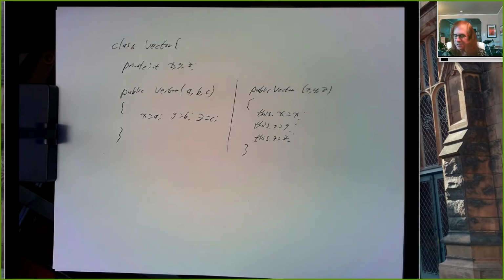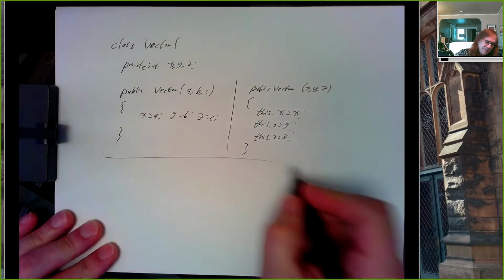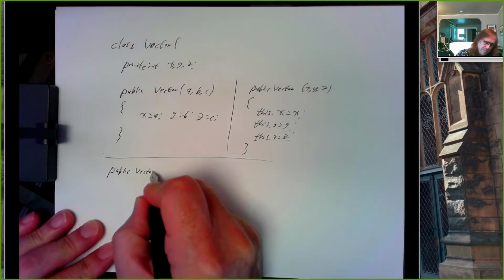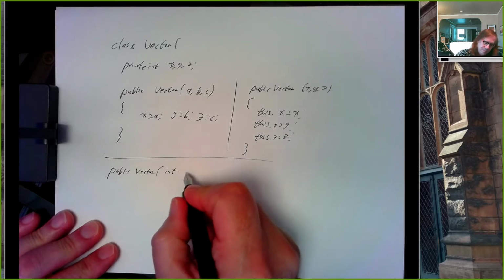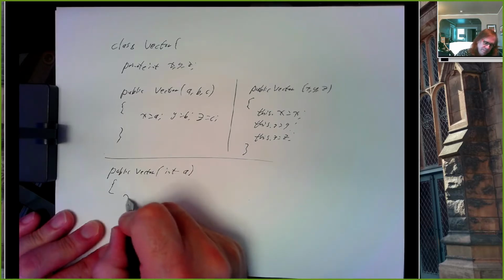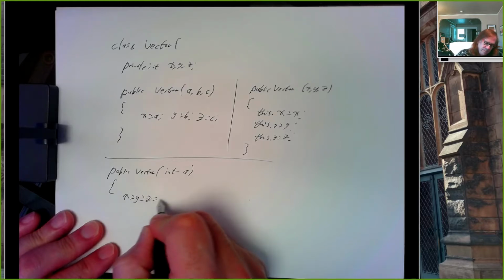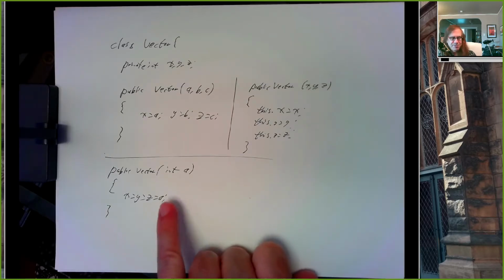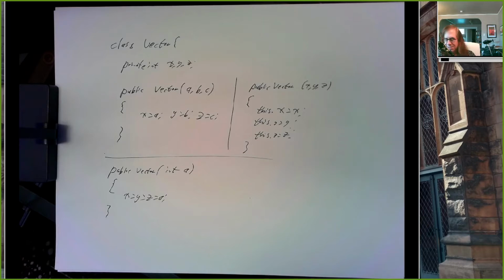And then a constructor with a single argument, which sets all three of them equal to a. A few people interpreted this as having one of these for x, one for y, one for z, and that's okay.